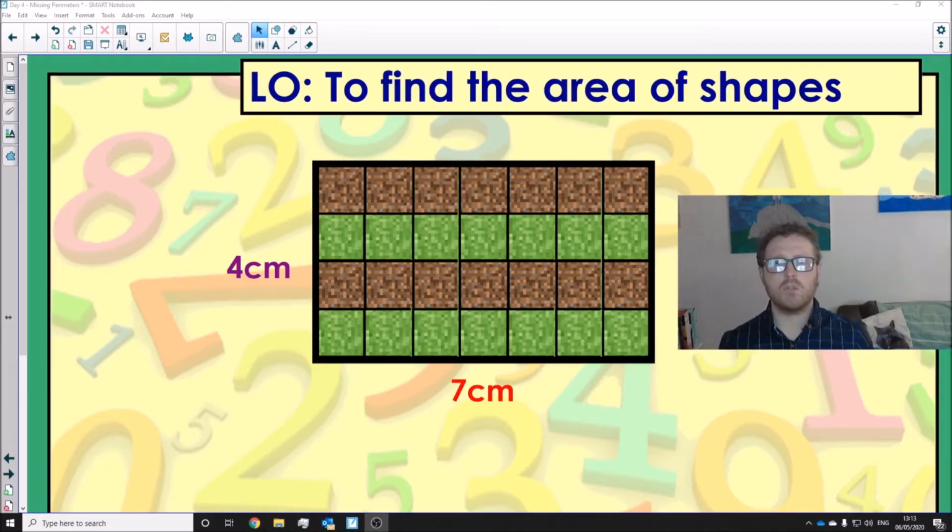So if you're not sure about these little clues, arrays, lots of, we can do some multiplication. Okay, I've got 7 here, 7 here, 7 here, and 7 here. So I could do 4 times 7, which is 28, or I could do 7 times 4, which is 28. Or, if you really want to, you could still count all the squares that are in that shape.